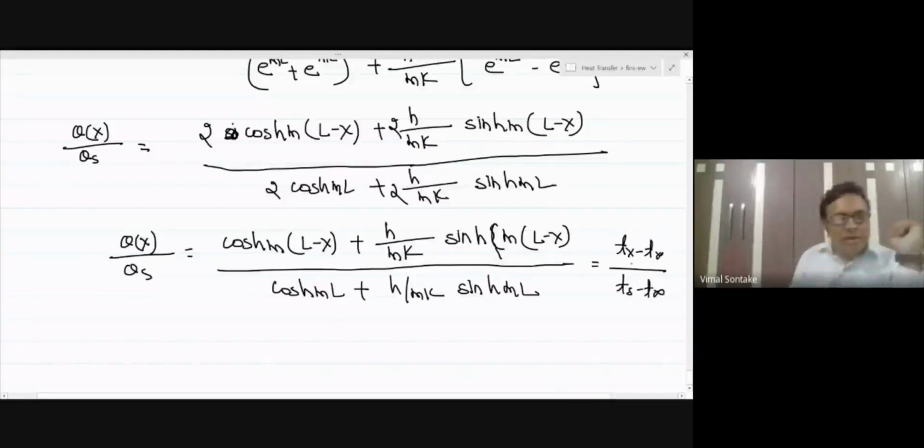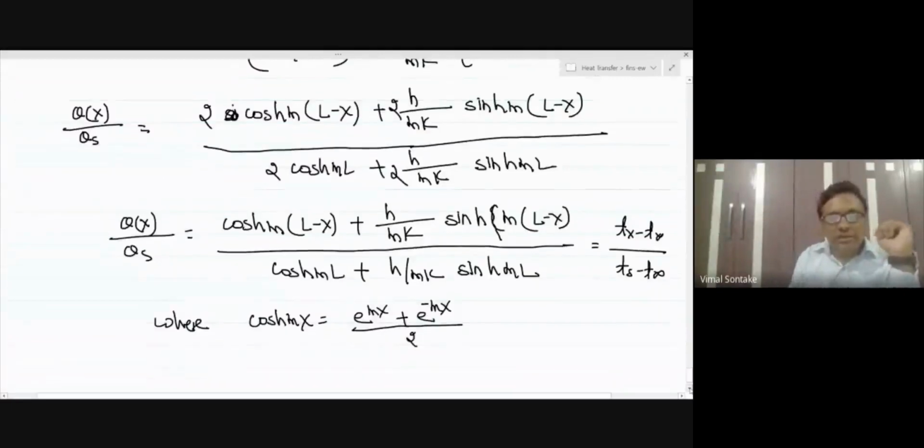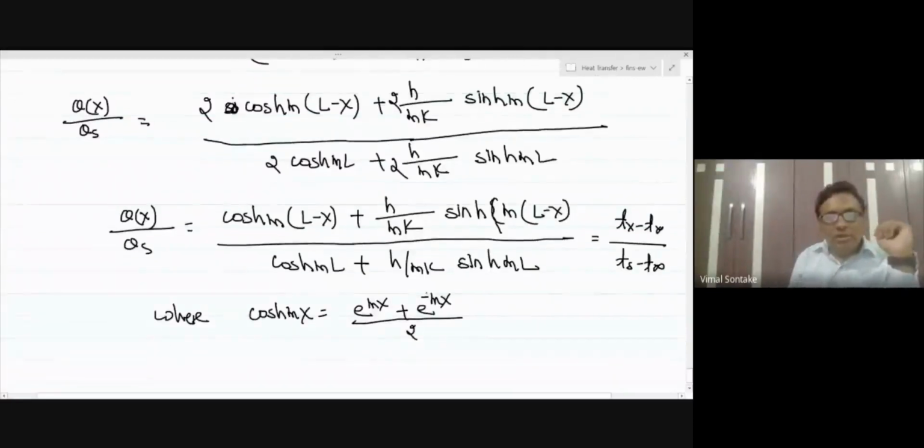Where has this come from? Cos hyperbolic mx is nothing but e to power mx plus e to power minus mx by 2. So from this I will get this. Similarly, sine hyperbolic mx is nothing but e to power mx minus e to power minus mx by 2.